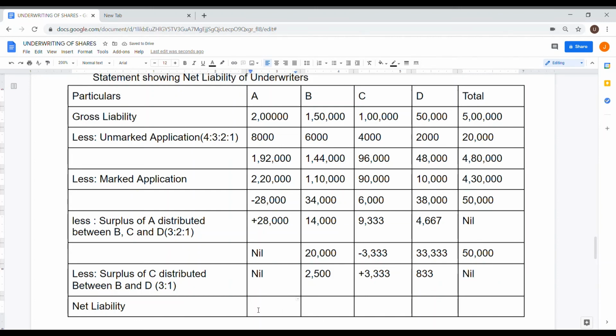So this is how you get net liability. Here for A it is nil, for B the net liability is 17,500, and for C it is nil, for D it is 32,500. The total net liability is 50,000. So this is how you calculate the net liability of underwriters.